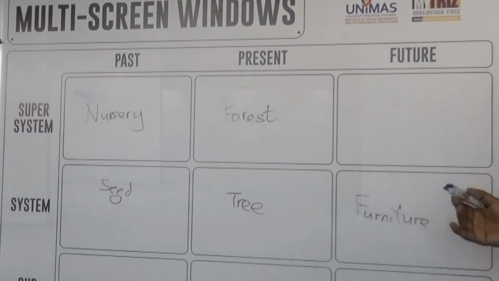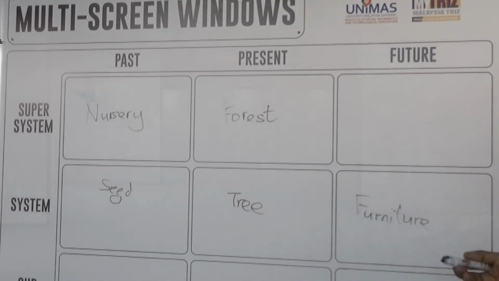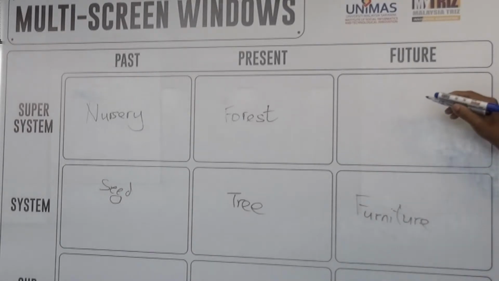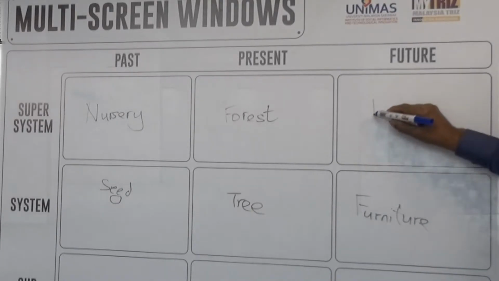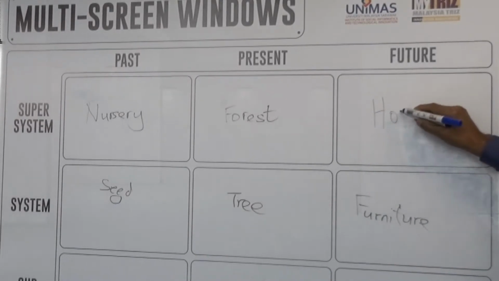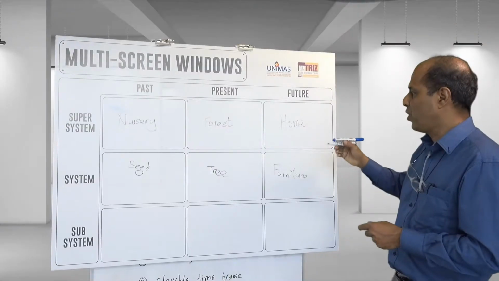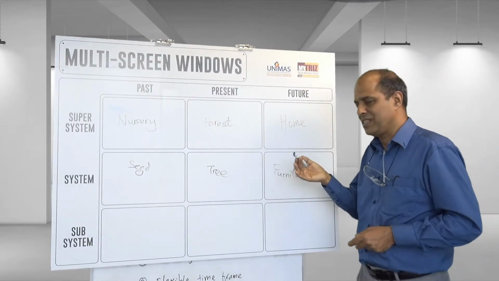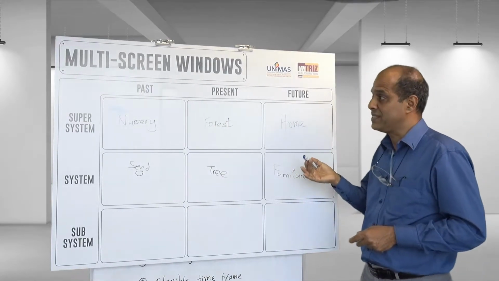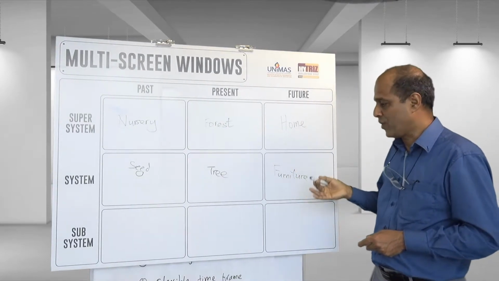To illustrate how we use multi-screen thinking, I will just point out that the furniture is being used in a home. A home could be local or abroad. So it's part of a home. These two aspects of the system and supersystems are already covered.